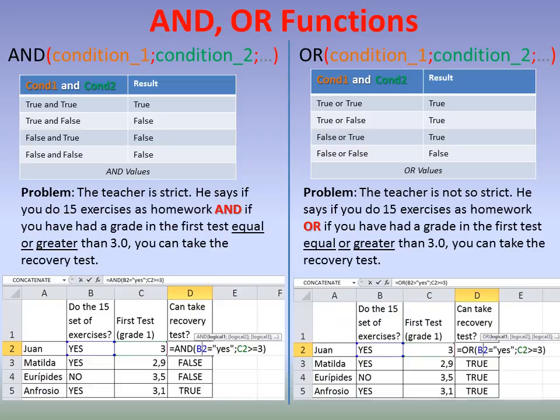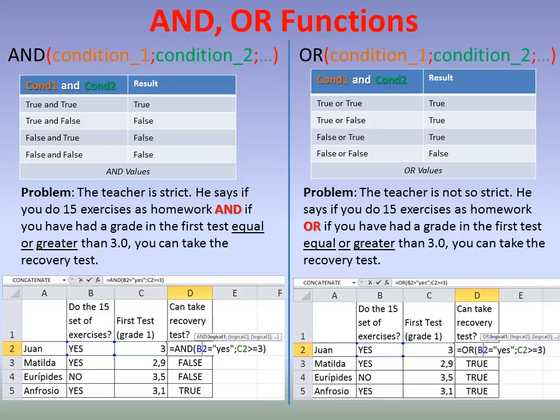In the second case, the teacher is not so strict. She says to the students, "Guys, you can take the recovery test if you just meet one of two conditions. Either you do 15 exercises as homework, or you have a grade of 3 in the first test."